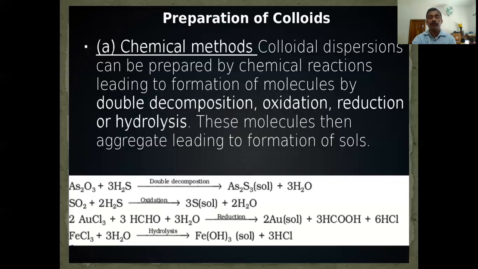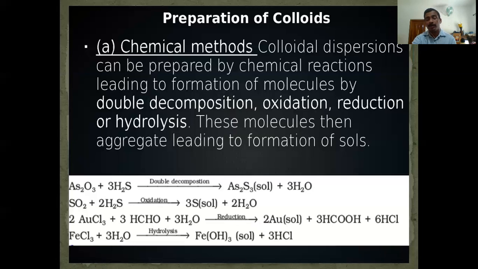Gold sol is prepared by the action of auric chloride on formaldehyde. Here actually the reaction is reduction. Au3 plus is reduced to Au0. HCHO can act as a reducing agent.